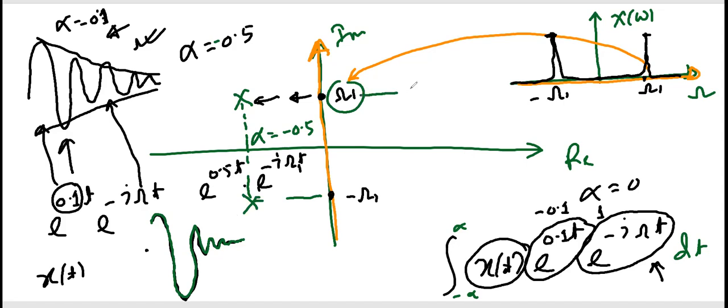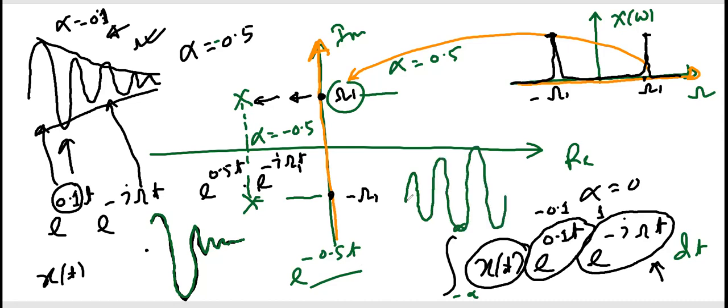In the positive direction, if alpha is equal to, let's say, 0.5, then it will be e to the power minus 0.5t, which actually looks like a signal giving higher values as it progresses.